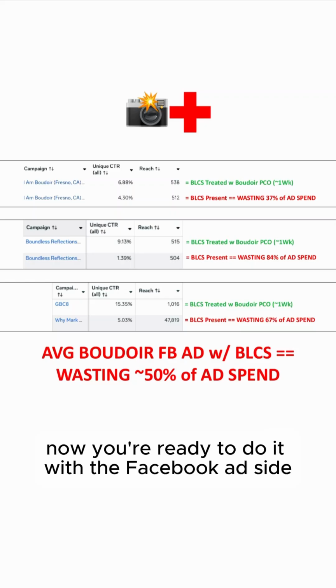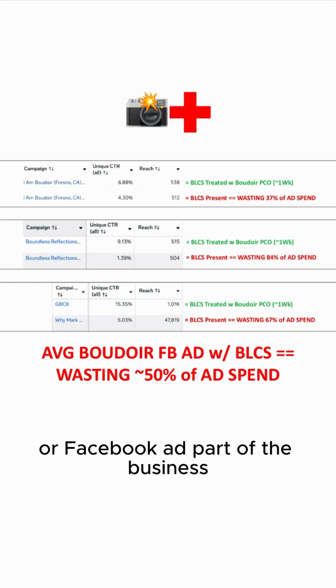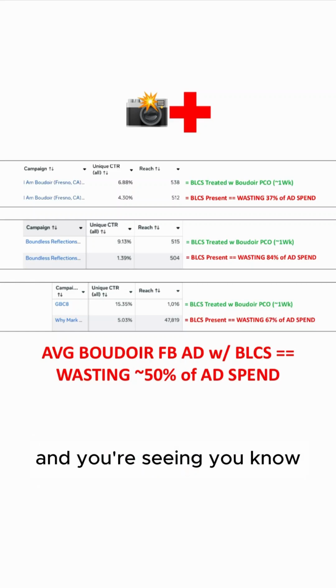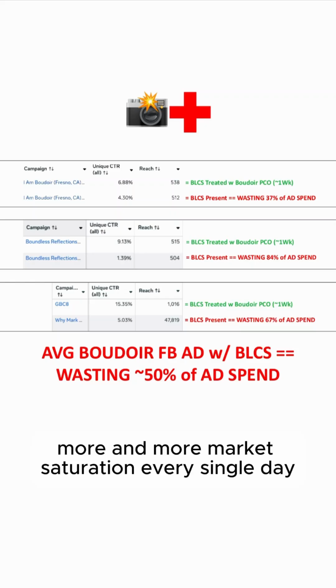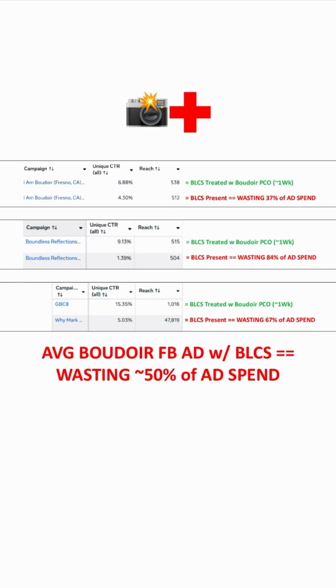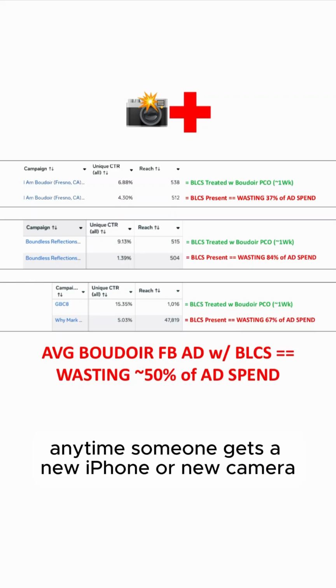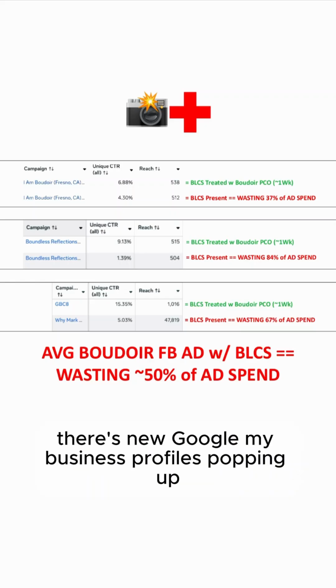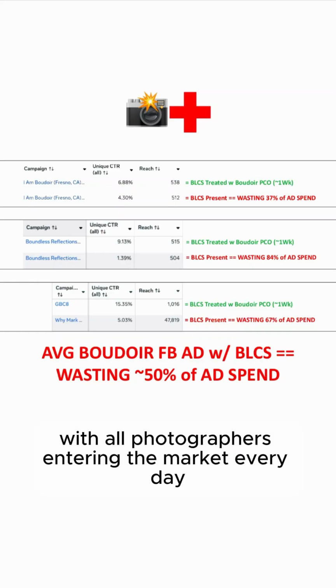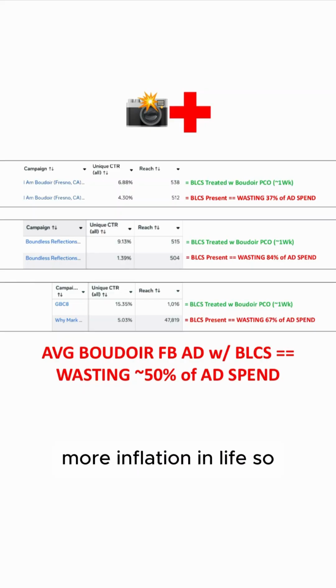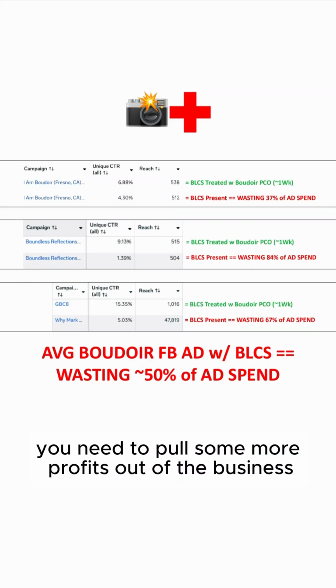Now you're ready to do it with the Facebook ad part of the business, and you're seeing more and more market saturation every single day. Anytime someone gets a new iPhone or new camera, there are new Google My Business profiles popping up. More boudoir photographers are entering the market every day, and there's more inflation in life, so you need to pull some more profits out of the business.